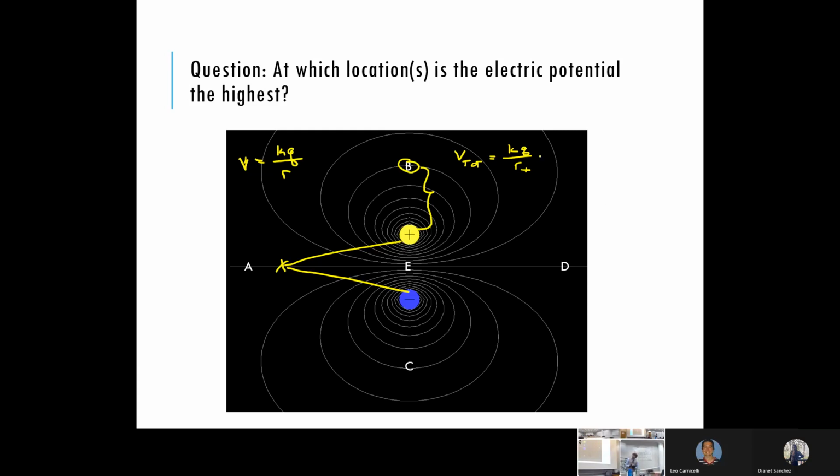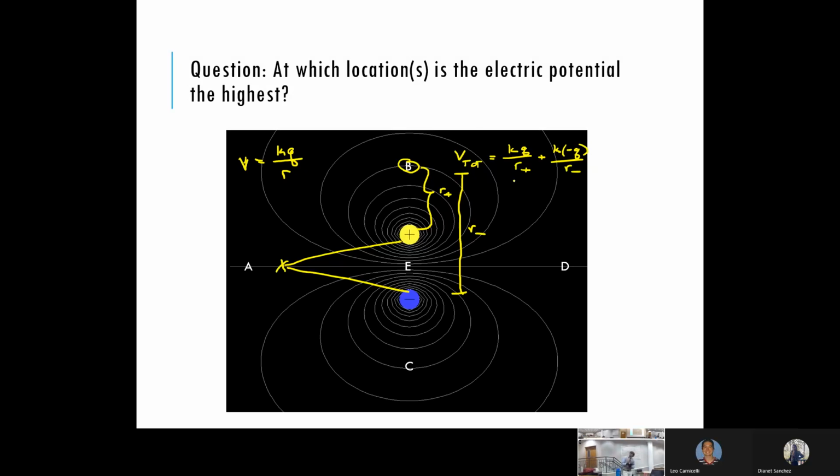And I'll put in the second one, plus K times negative Q over the distance to the negative charge. So this is R positive here, and this distance would be R negative, right? The distance to the negative charge.